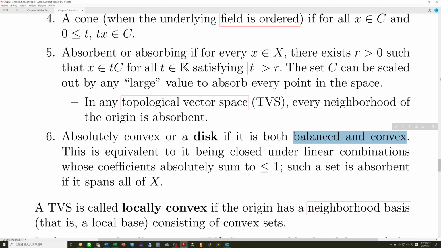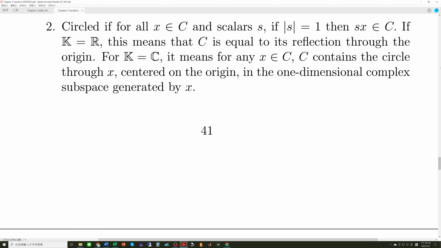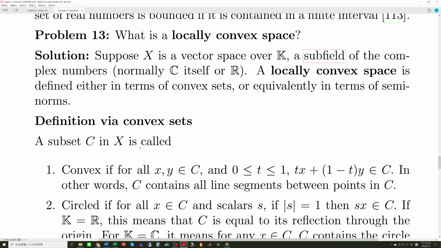Do you remember what is the meaning of convex? Let us review it.